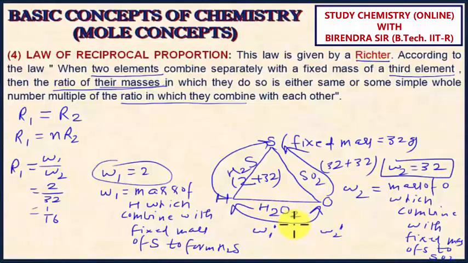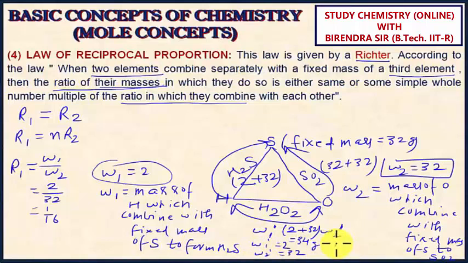And these values can be found easily with the help of molar mass. If I write, it is 2 plus 32, and that is 34 gram. So W1 dash will be 2, W2 dash will be 32.